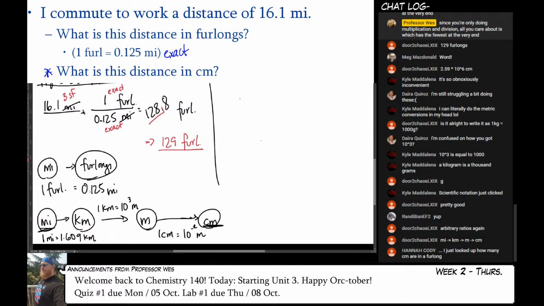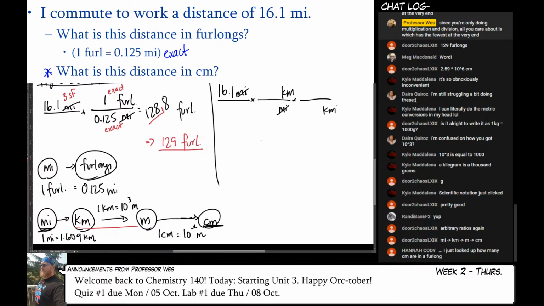So let's do that. For my first step, I'm going to turn miles into kilometers like I have blueprinted down here. Then for the second step, we're going to turn kilometers into meters like we blueprinted down there.